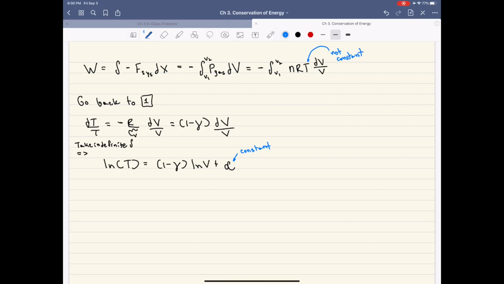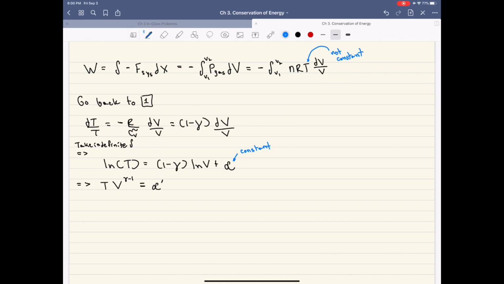I'm then going to rearrange the equation by first moving this 1 minus gamma to be the exponent of volume, taking the exponential of both sides, and then moving the volume term to the left-hand side. Those are the steps I'm going to take. When I take those steps, I end up with temperature times volume to the gamma minus 1 on the left-hand side is equal to what I call alpha prime.